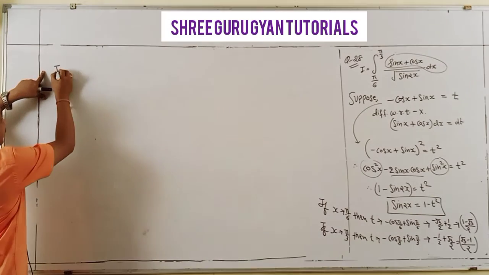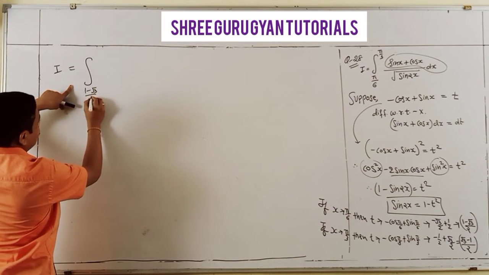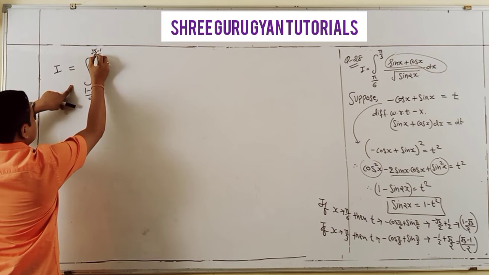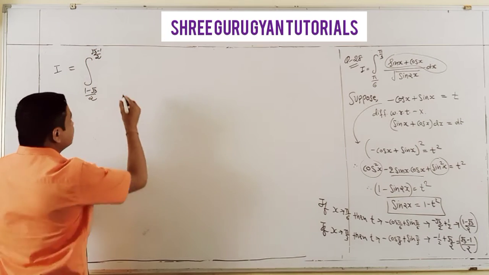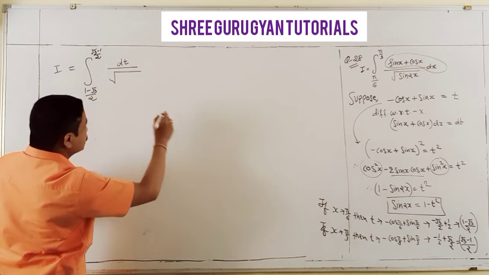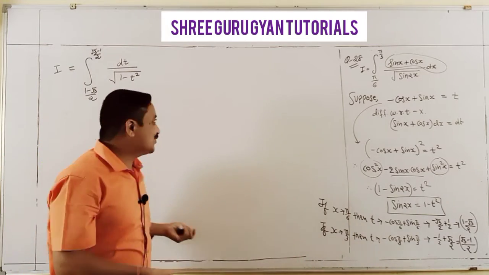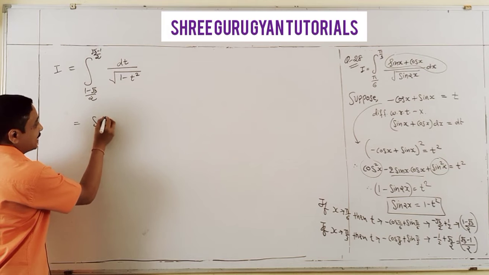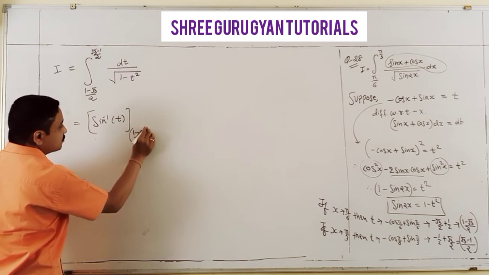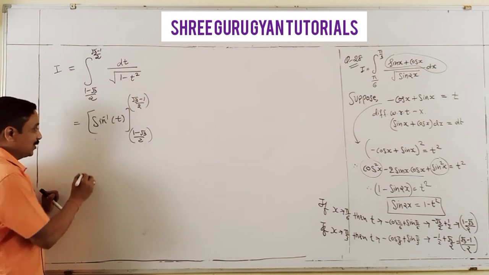So integration I, my limit from 1 minus root 3 by 2 to root 3 minus 1 by 2, dt upon under root, sin 2x is also known as 1 minus t square. Nothing more there. So my answer is sin inverse t, and the limits you just successfully put down there: upper limit minus lower limit.